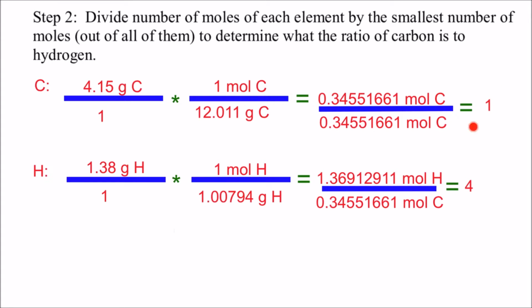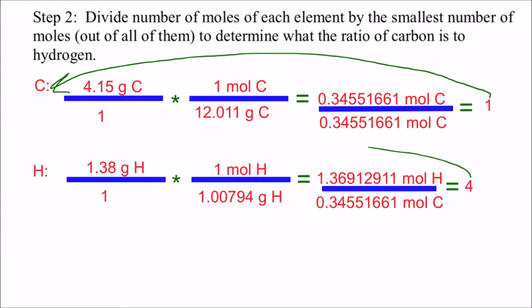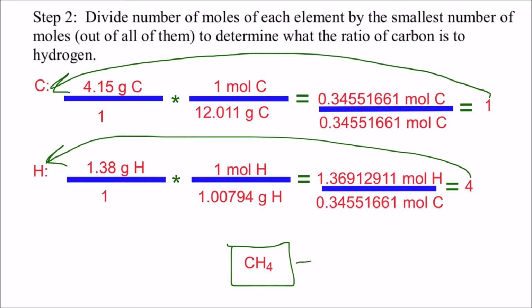So what we just found out, this 1 and this 4, those are actually going to be the subscripts for the elements that they came from. So when we're trying to build our empirical formula, we're going to say that we have 1 carbon, and we have 4 hydrogens. Okay, so this is the empirical formula.